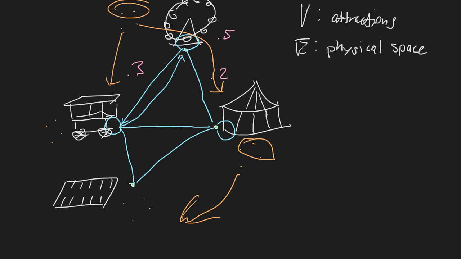So it actually turns out that in this case, we have a kind of well-formed graph here. And in this case, as t approaches infinity, we'll get to some stable equilibrium where the attractions that are more popular will end up with more people, and the ones that are less popular, like probably this parking lot, will end up with fewer people.